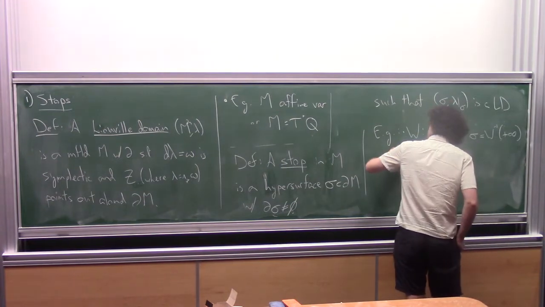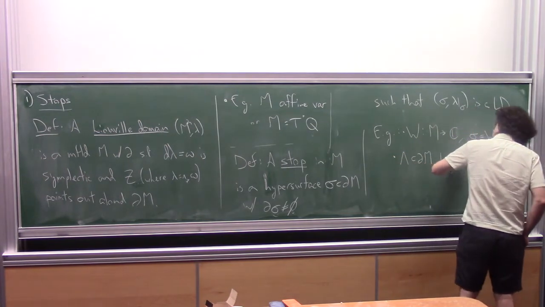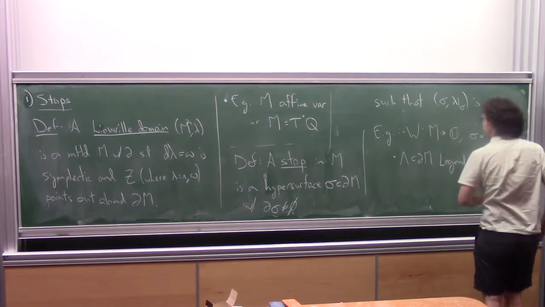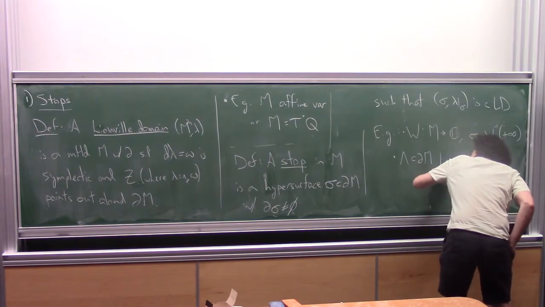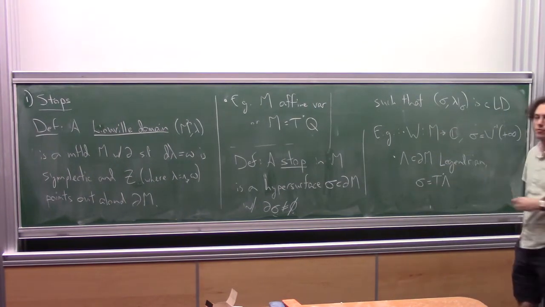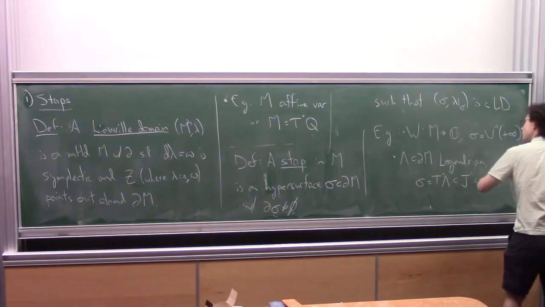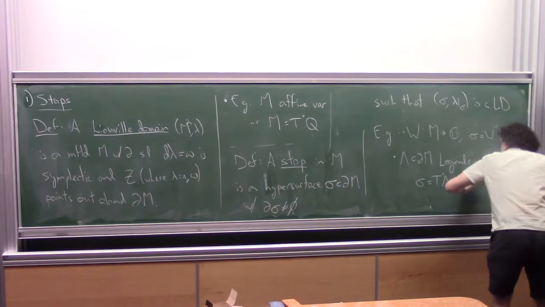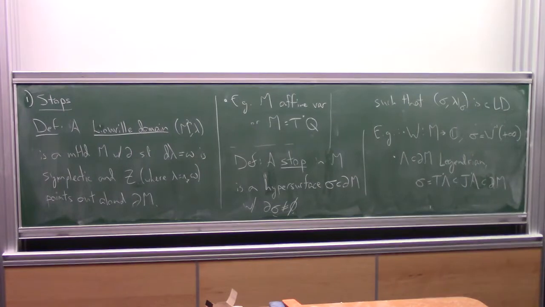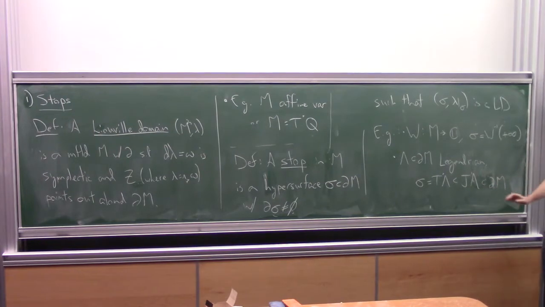Another example: if we have Lambda in the boundary of M Legendrian, then Sigma is modeled off the cotangent bundle of Lambda, sitting inside the one-jet bundle of Lambda, sitting inside the boundary of M. The contact neighborhood theorem says that any smooth Legendrian has a standard neighborhood which looks like some tube around the zero section in the one-jet bundle.